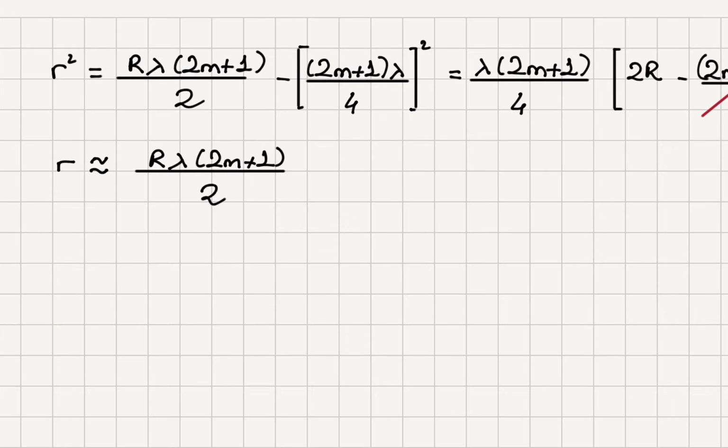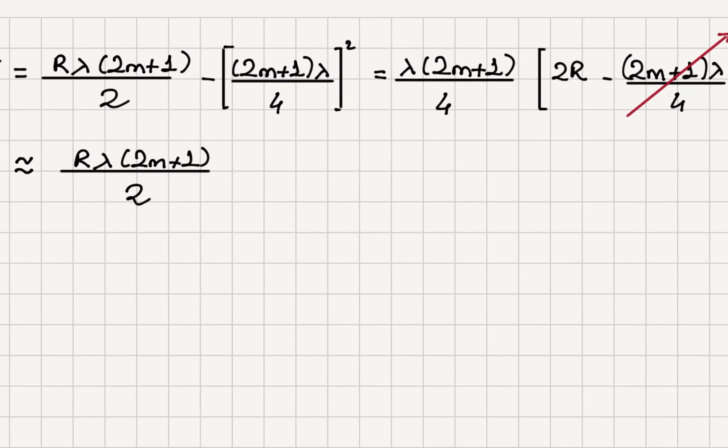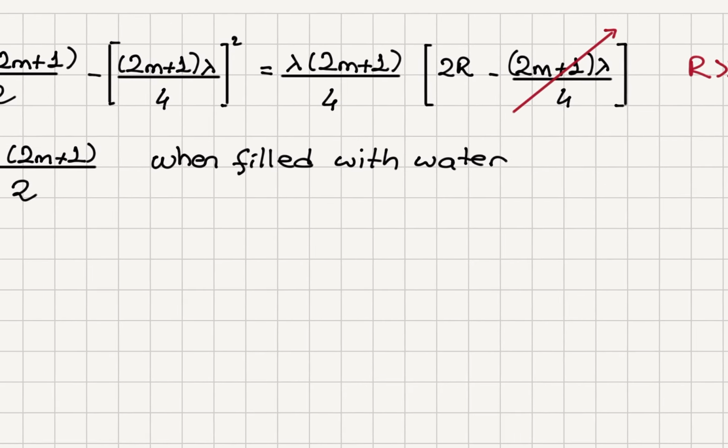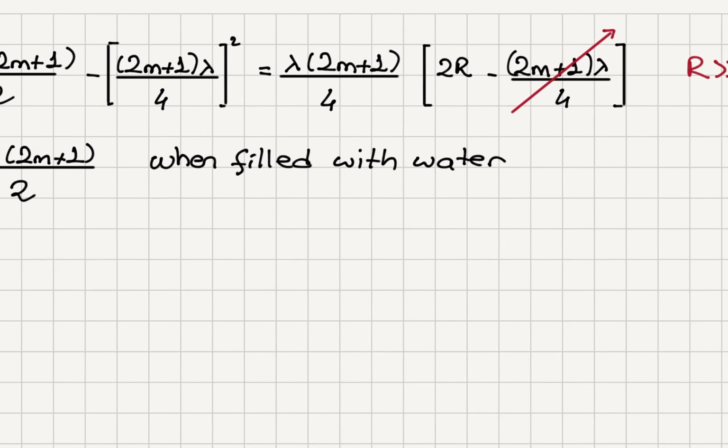Now, what changes when it is filled with water? So when it is filled with water, the wavelength that I use in this expression, lambda, will be replaced by the value in water.